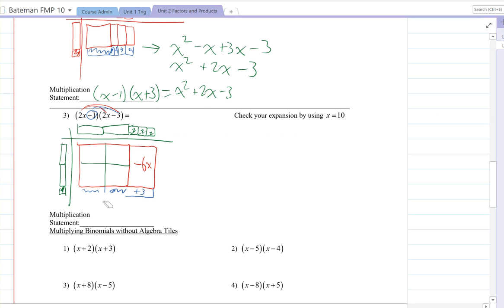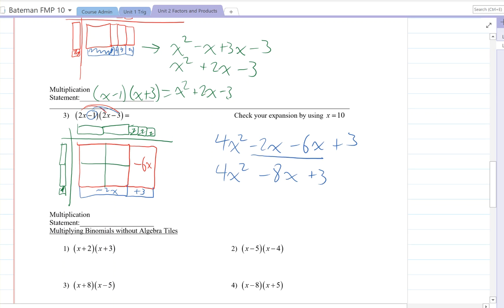Now if I want, I could switch this one as well, and just write the numbers in there, and that would be negative 2x. So what we see is 4x squared, negative 2x, negative 6x, plus 3. And the pattern is to always get two terms that get combined at the very end. Okay?